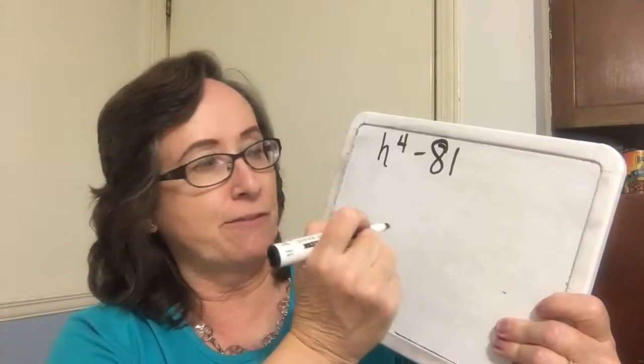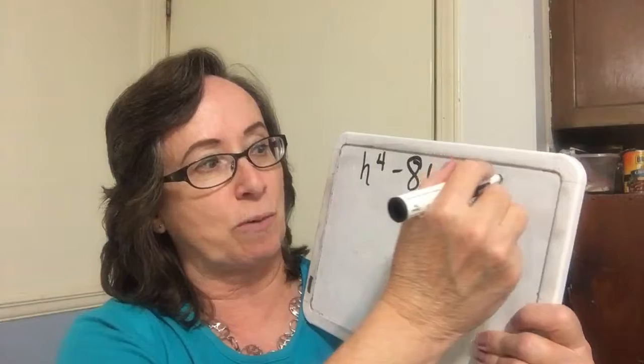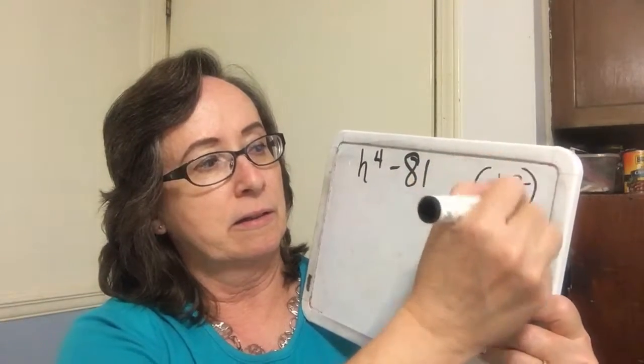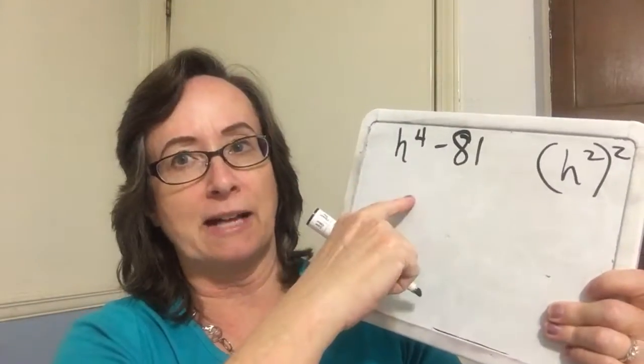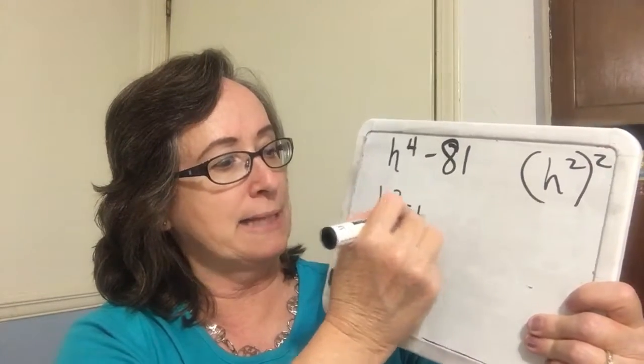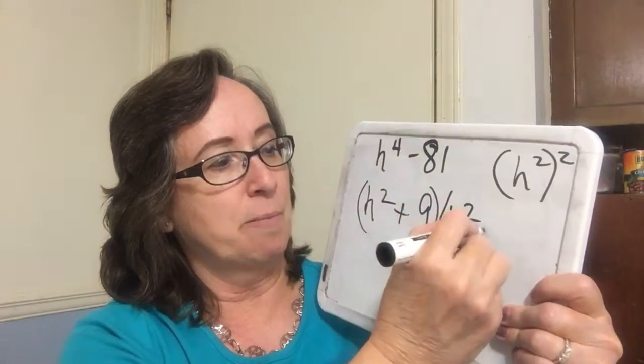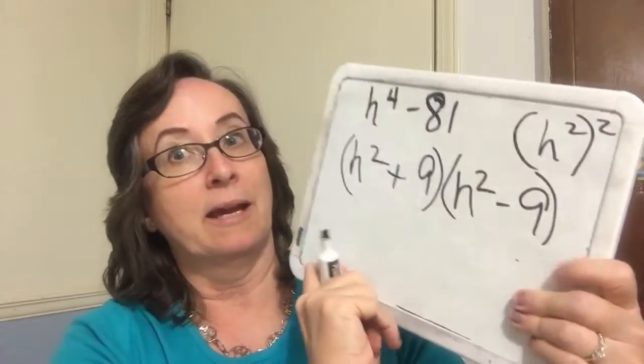So since it's a difference of two squares, remember that h to the fourth is h squared squared. Okay, so we're going to factor this as conjugates, h squared plus 9 and h squared minus 9.